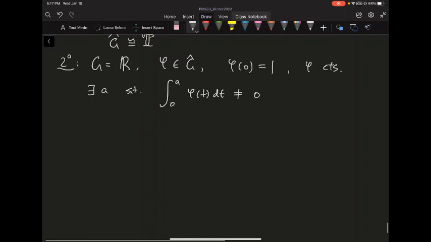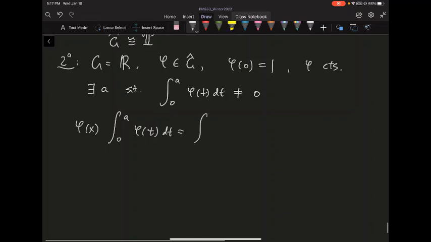But let's do this trick again. We translate this fixed integral by some phi of x. Here's phi t dt. What we can do is move the phi of x inside, so this is now the integral of phi of x plus t dt, because I'm doing it on the reals.